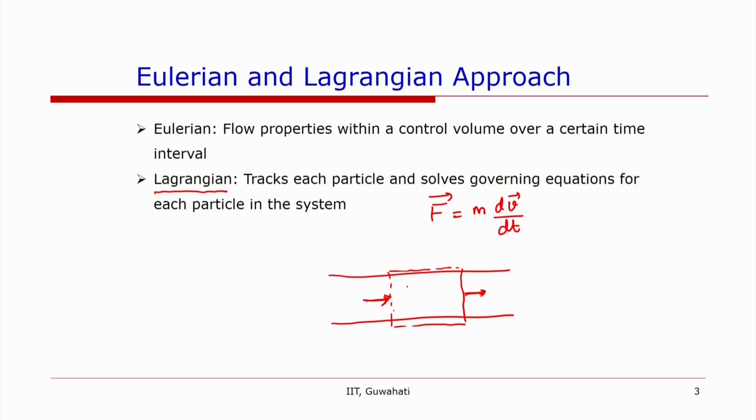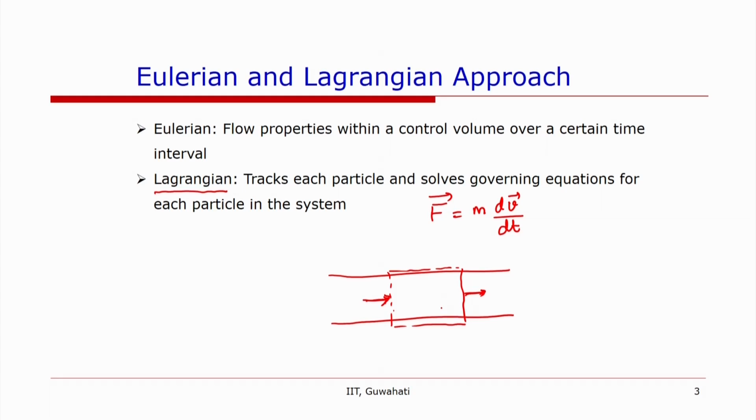So the flow properties such as density, viscosity, velocity and pressure are studied in this control volume. Because the fluid flows, the fluid particles that are there in the control volume at time t may not be there at time t plus delta t.